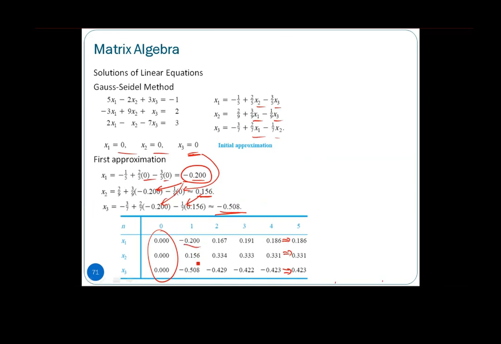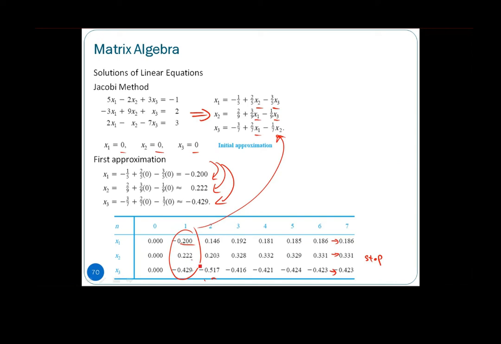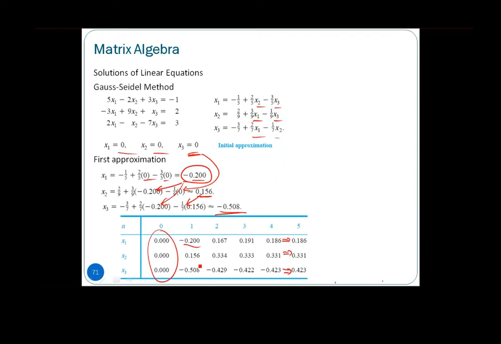Your x2 and x3 are already different between Jacobi and Gauss-Seidel, because Gauss-Seidel used the updated x1 to calculate x2, and then used x1 and x2 to calculate x3. So there will be different results, and we say it will be faster to converge. With an iterative method, you need to set a stopping criterion for it to converge or stop.